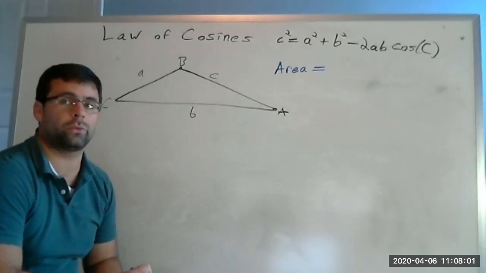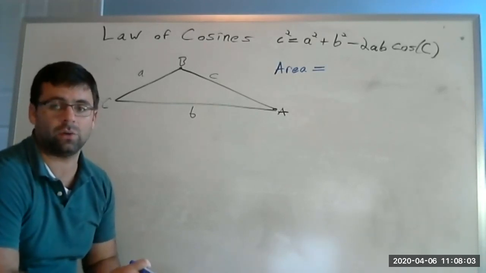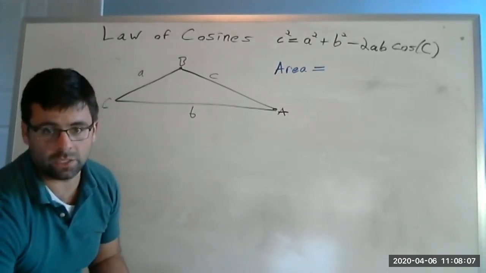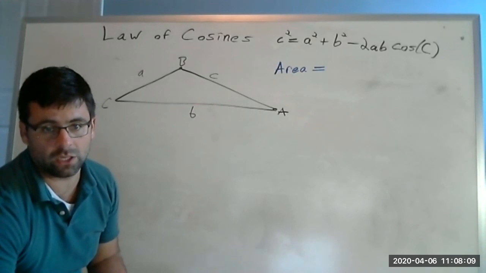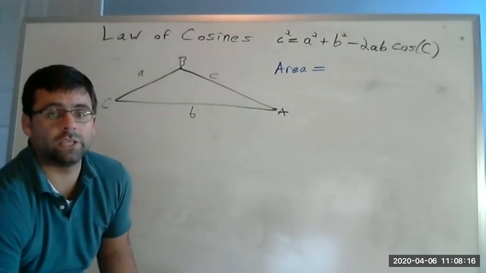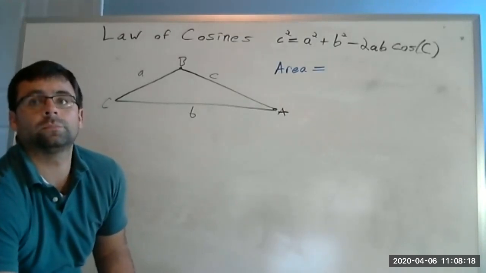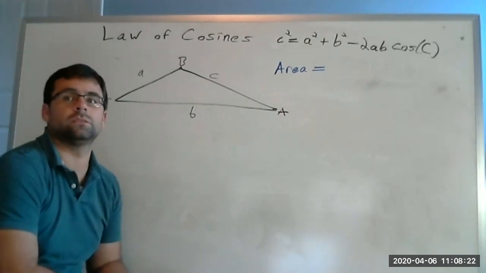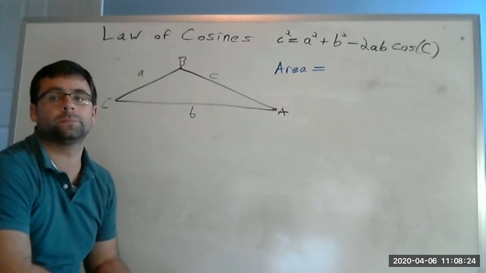If we have all three sides, how can we use this to figure out what the area of this triangle is?